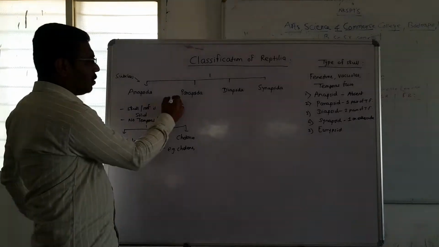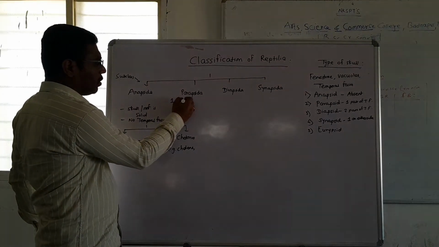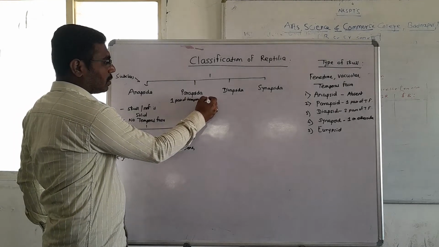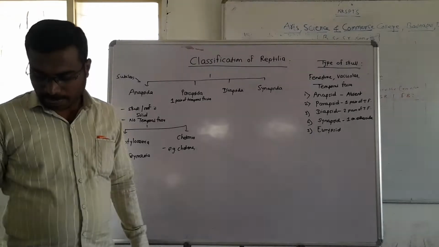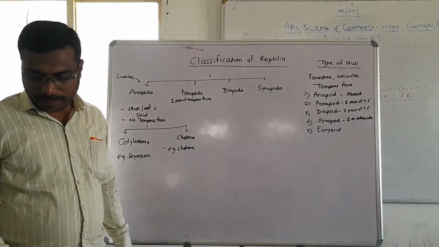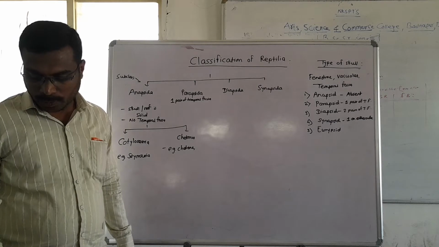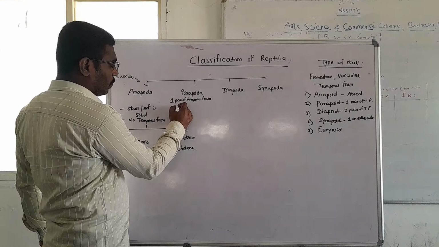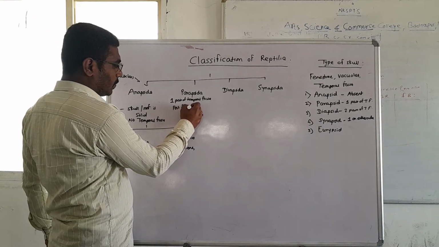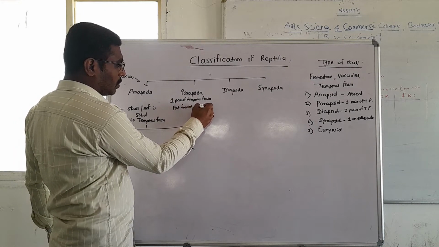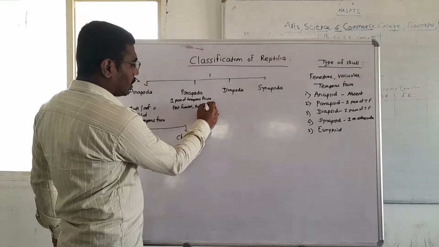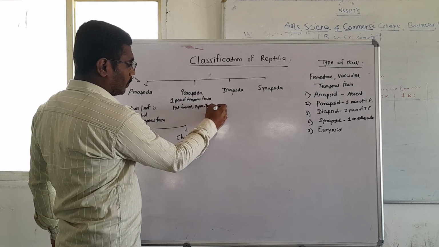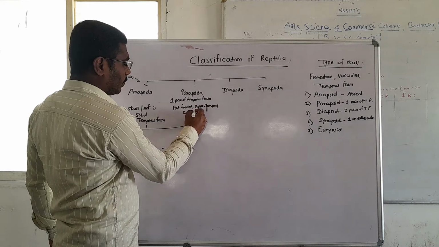They have one pair of temporal fossa, which is bounded by the postfrontal, supratemporal and parietal.